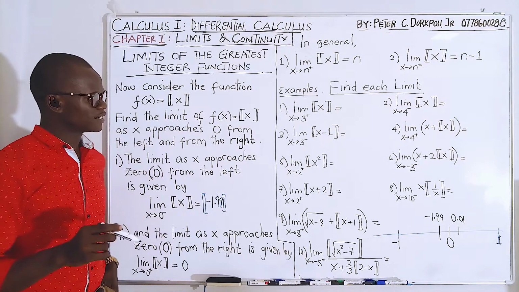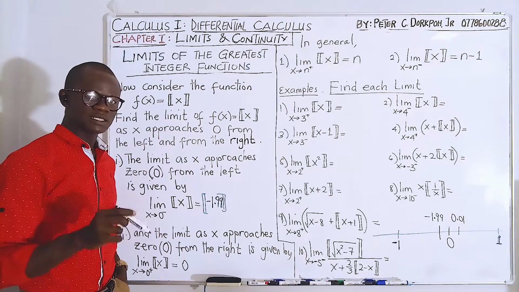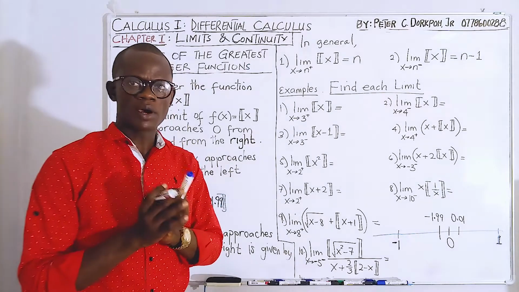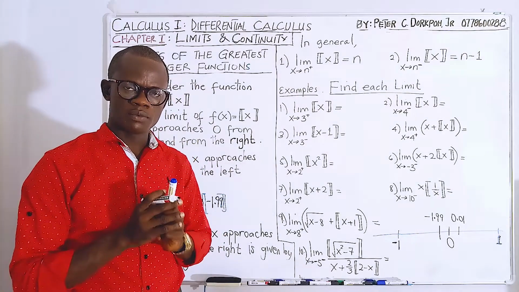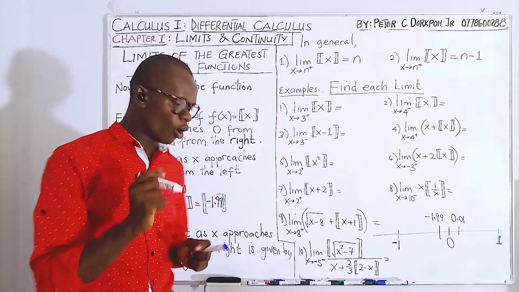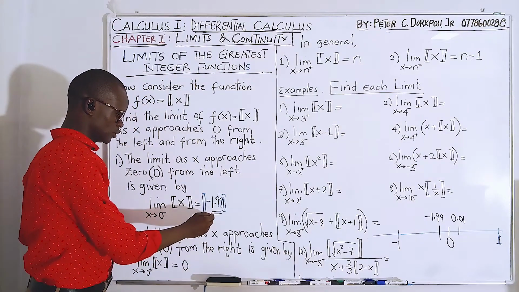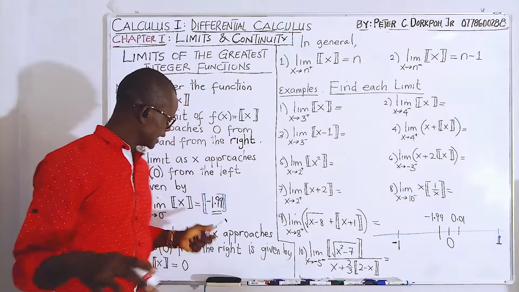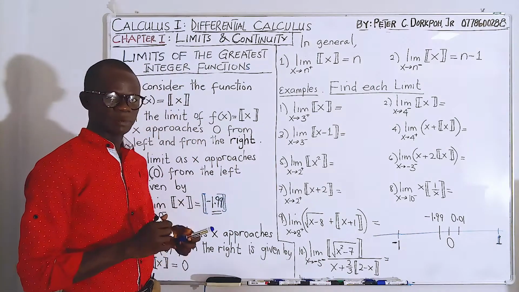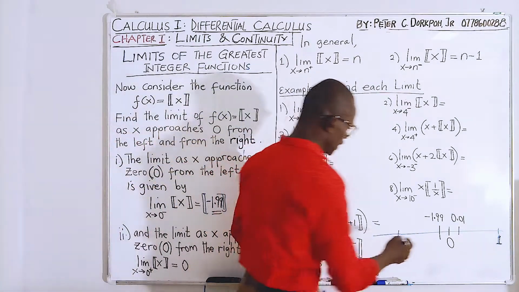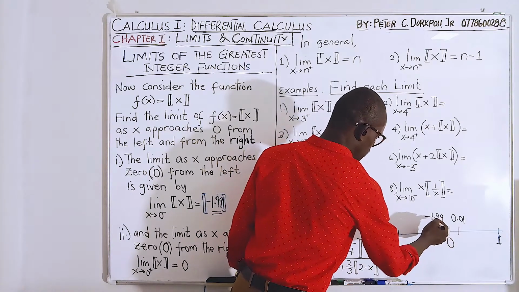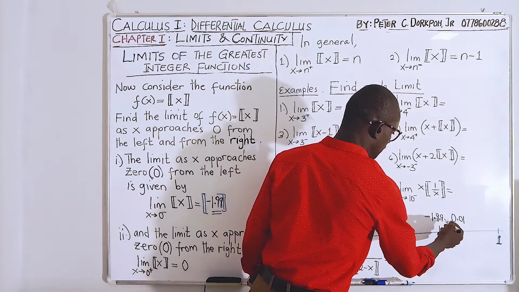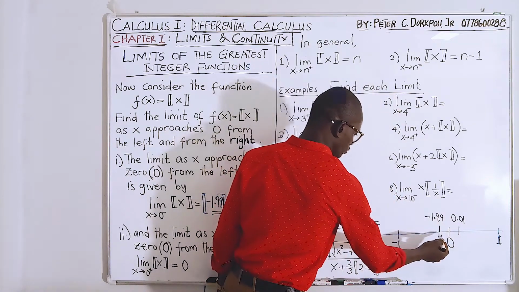Remember, we told you the greatest integer of a particular value x is that whole number or integer that is less than or equal to this number. And it should be the greatest of all integers that is less than or equal to this number. So if you look here, this is negative 0.01.